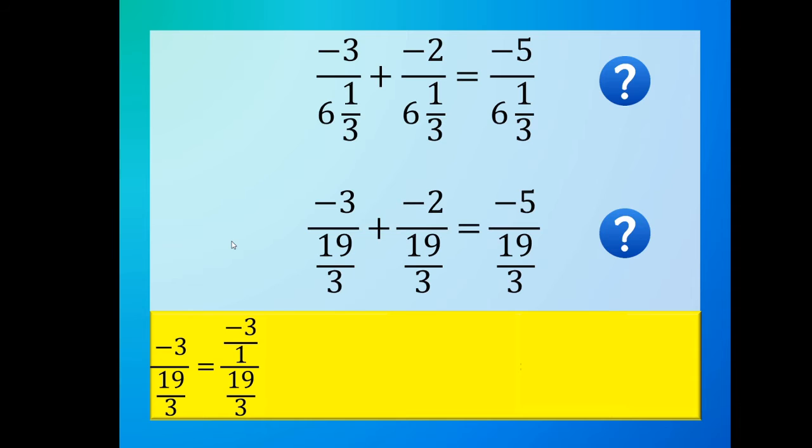That would be equal to -3 over 1 over 19/3. -3 divided by 1 is equal to -3. Why is that? Anything divided by 1 is equal to that anything. Now I can write the division sign in a different way. The lines in fractions means divide, and we just simply wrote it in a different way. -3 over 1 divided by 19 over 3.